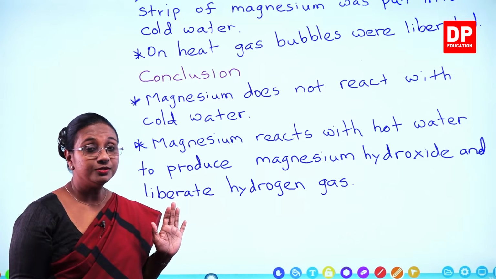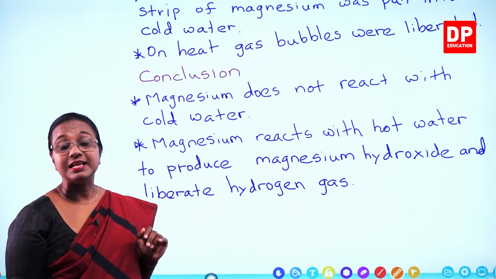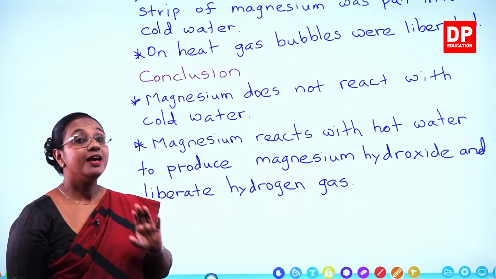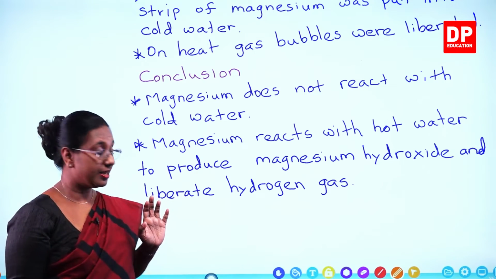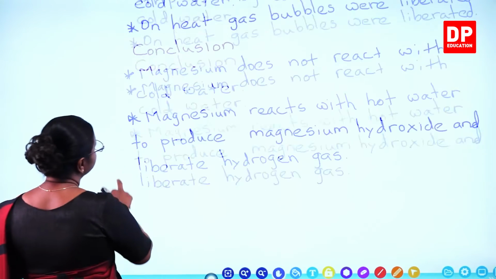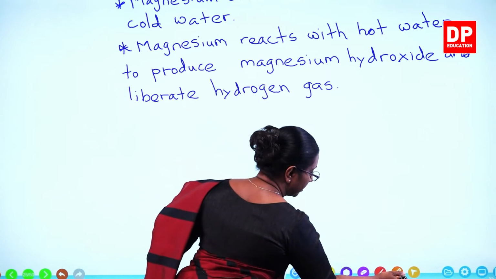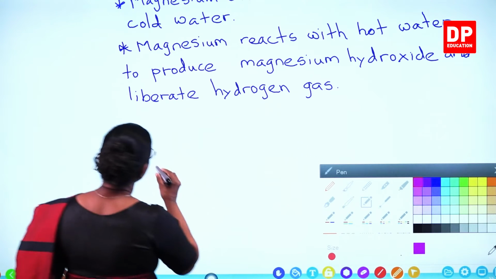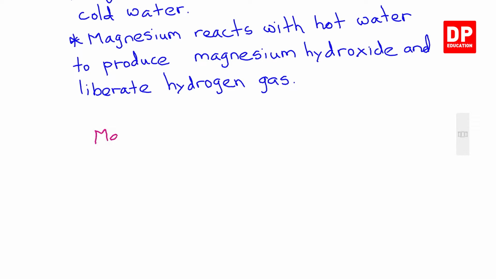Now what do we do? We need to write balanced chemical equations, and also you need to identify the type of reaction. So that I will do it as a note. So magnesium with cold water, no reaction.